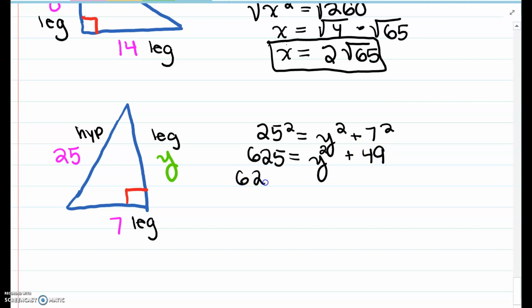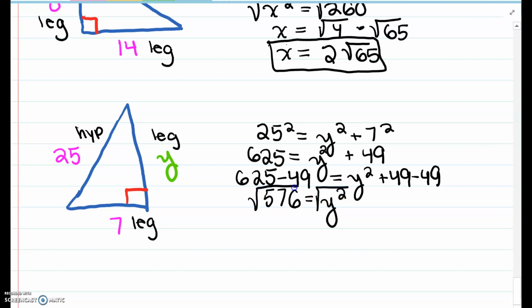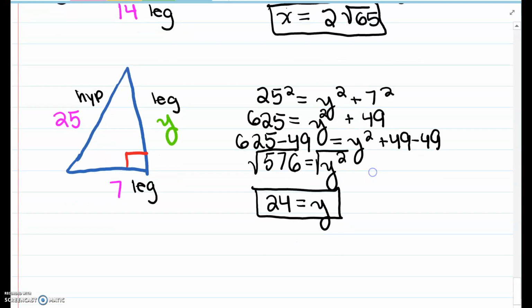Now we have to subtract 49 from both sides of the equation, and this will isolate the y term. So we end up with 576 equals y squared. Take the square root of both sides, and we end up with 24 equals y. This example is a Pythagorean triple because all of the sides are whole numbers, and it satisfies the equation c squared equals a squared plus b squared.